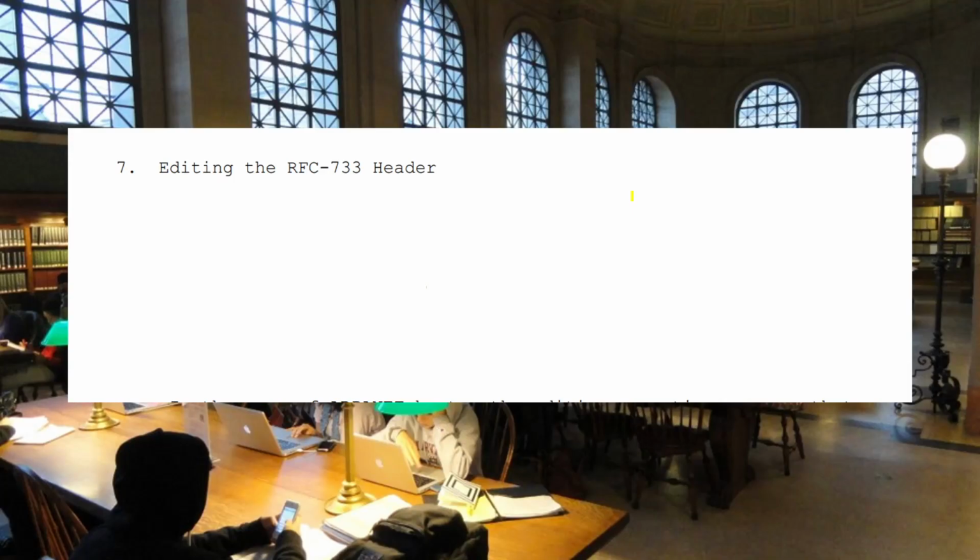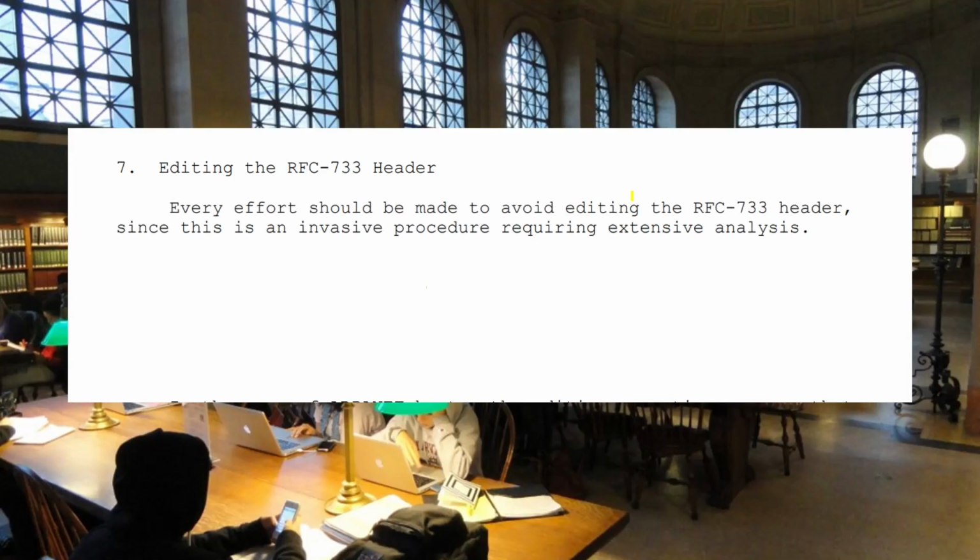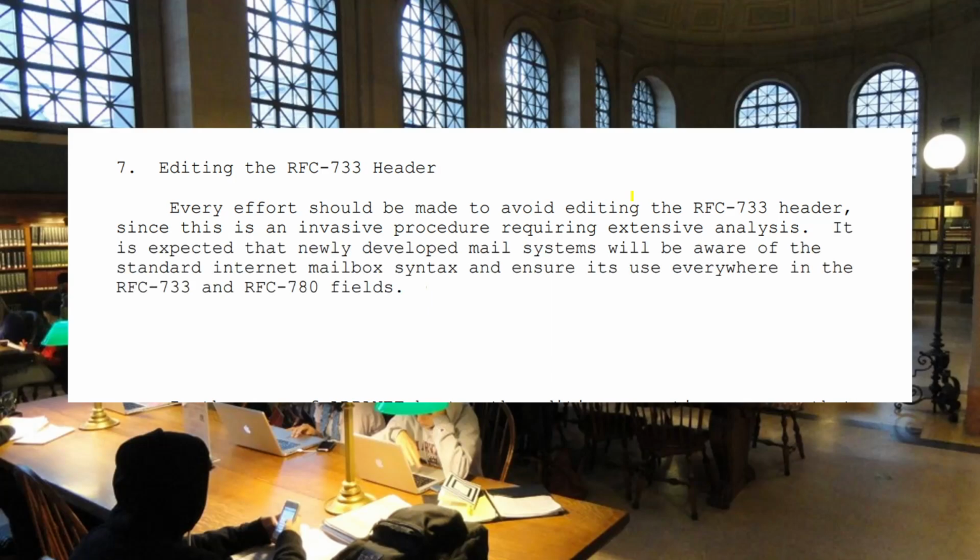Section 7. Editing the RFC 733 header. Every effort should be made to avoid editing the RFC 733 header, since this is an invasive procedure requiring extensive analysis. It's expected that newly developed mail systems will be aware of the standard internet mailbox syntax and ensure its use everywhere in the RFC 733 and RFC 780 fields.